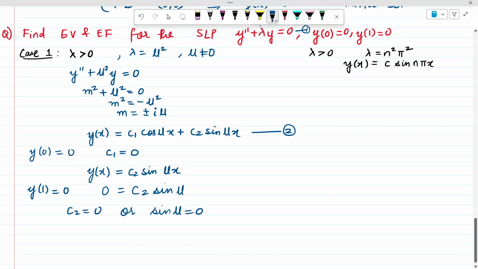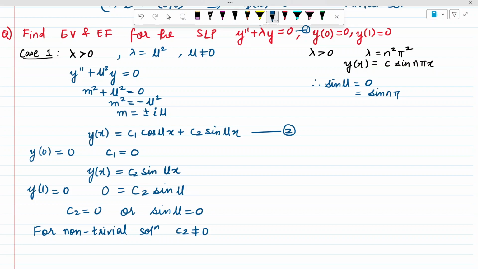Now, because we are interested in non-trivial solutions, C2 cannot be 0. So we would take sin nu is 0. If sin nu is 0, we can say sin nu takes 0 values at n pi values, okay, where n is an integer.